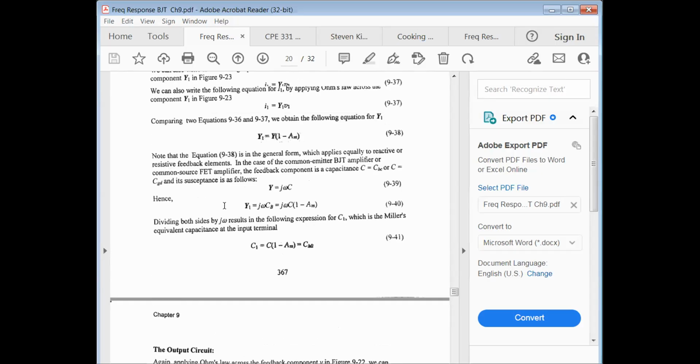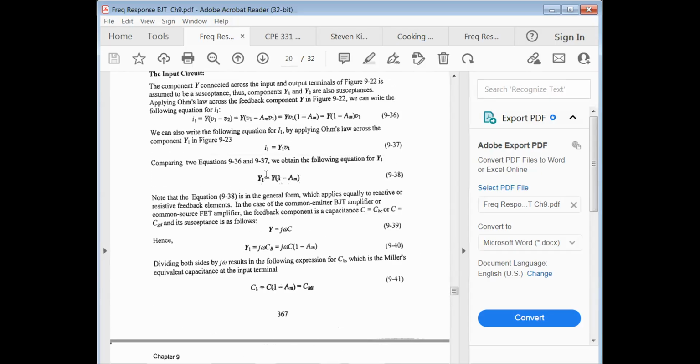And by walking through this, we have this impedance, or 1 over impedance, admittance here.